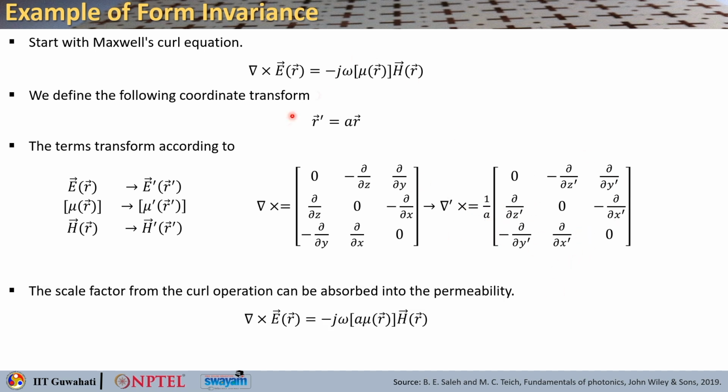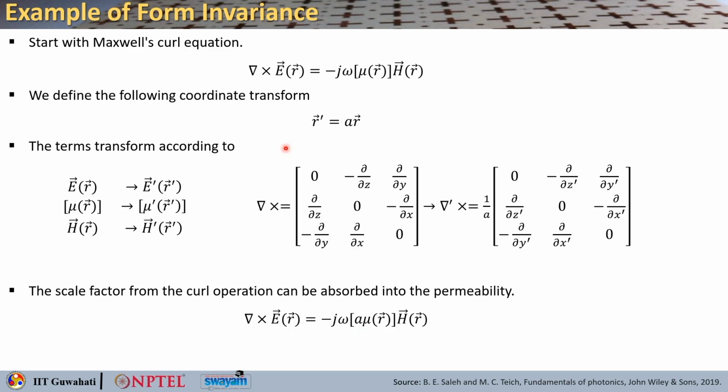If you put it back into the equation which has all the transformed fields and operation, you will see this kind of scaling that you have done. So, curl prime will come with a 1 by a, and that a you can push into the material parameter, and go back to your old coordinate system and write curl of E of r, in the original coordinate system, equals minus j omega a mu of r H of r.